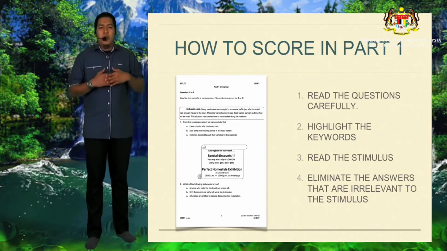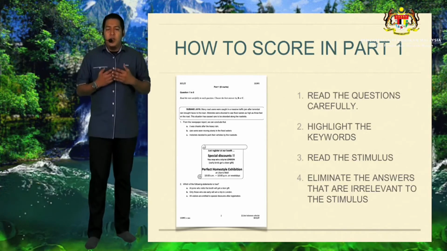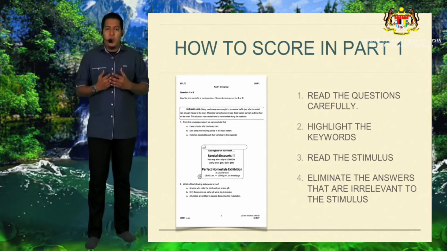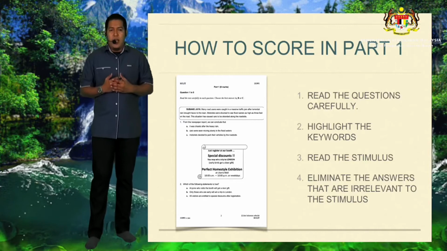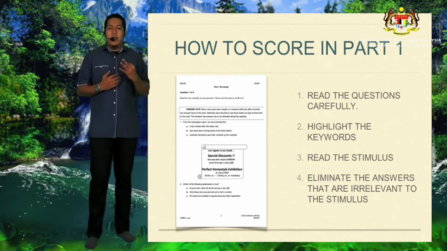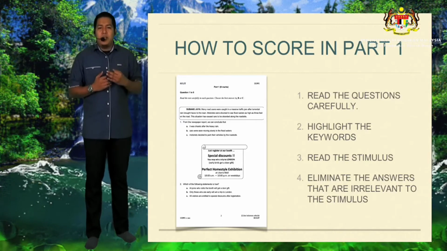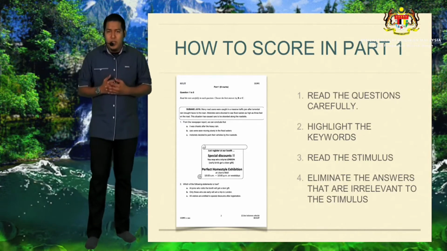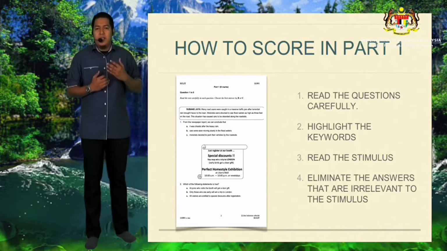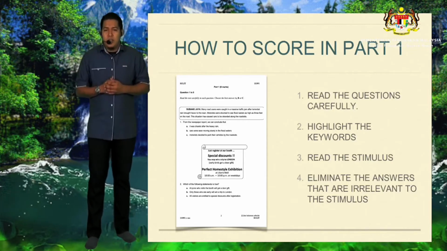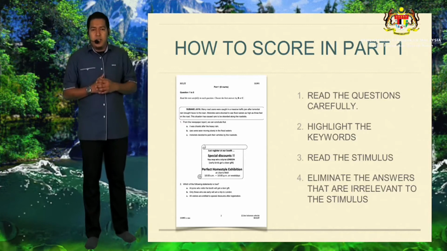Because if you don't highlight the keywords, you don't know what the requirements in the questions are. And number 3, read the stimulus twice. Why? Because if you read once, you don't know what task the questions want you to answer.